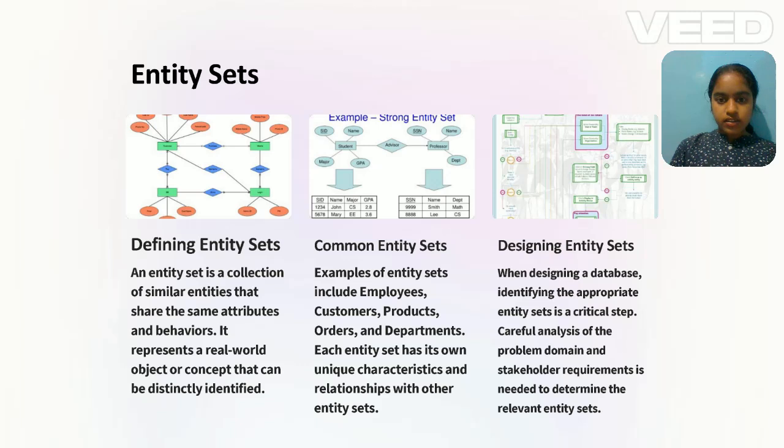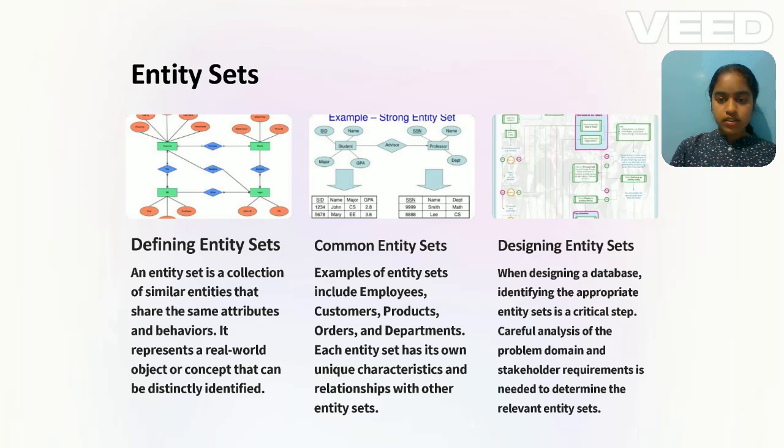Entity sets. Defining entity set. An entity set is a collection of similar entities that share the same attributes and behavior. It represents a real-world object or concept that can be distinctly identified. Common entity sets. Examples of entity sets include employees, customers, products, orders, and departments.